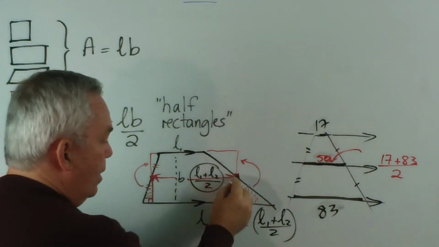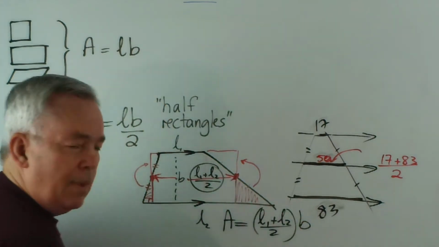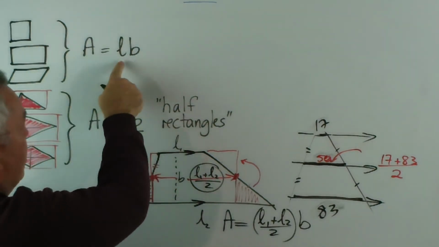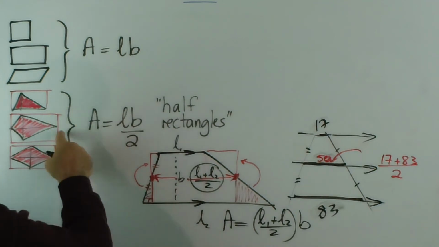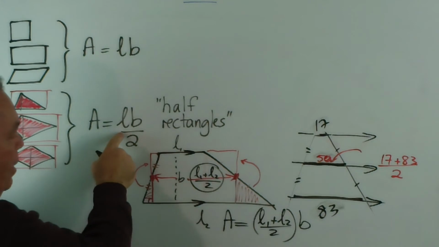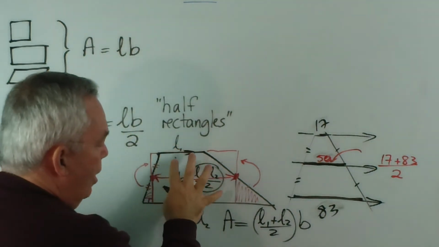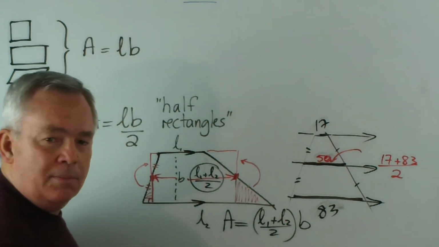That's the length of the rectangle multiplied by the breadth. So here we have areas of rectangles are length times breadth. Areas of half rectangles, like triangles, kites and rhombuses, are half length times breadth. And the area of a trapezium is the average length times the breadth.